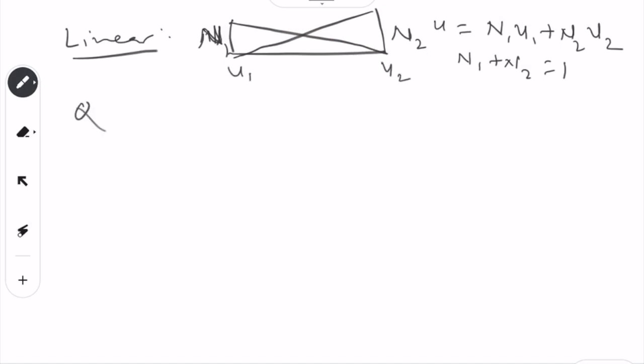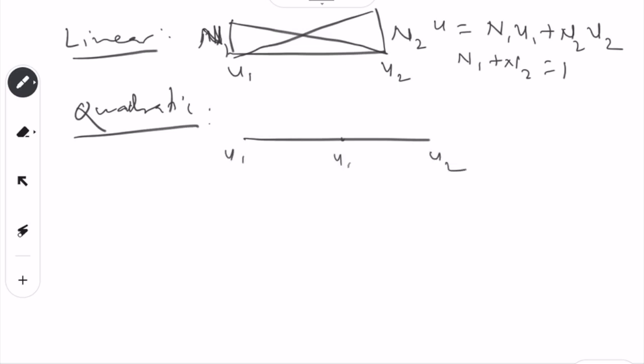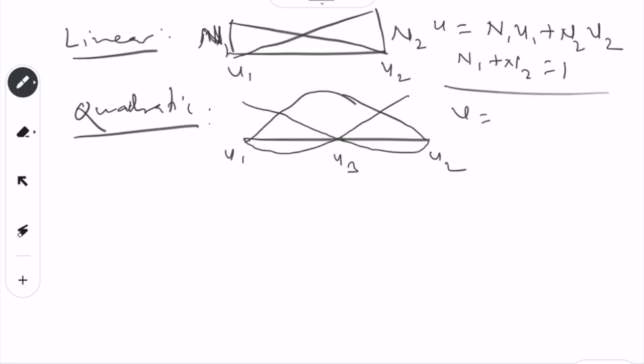You have quadratic here, you have 3 points u1, u2, and u3, and your variation here goes like this, and goes like this, and goes like this, and you have in this case u equal to n1 u1 plus n2 u2 plus n3 u3.